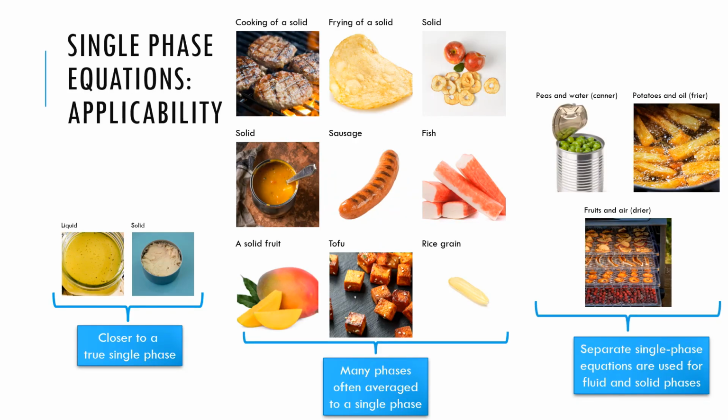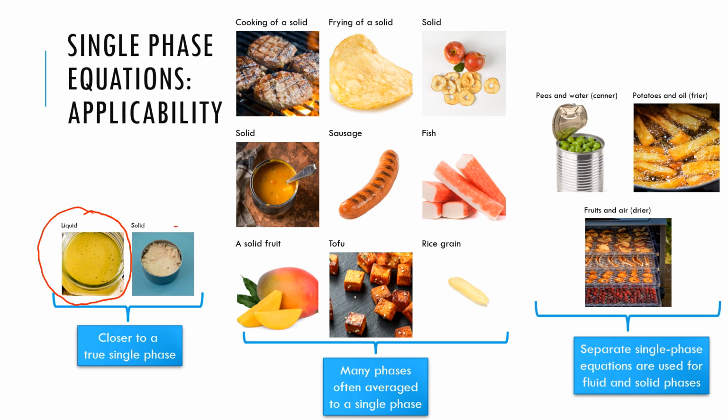Now the third or the last item: how the single phase equations, that is for this chapter, stand in terms of their applicability to food. Now if you take something really simple like an almost pure liquid food, of course it would be more directly and obviously applicable.